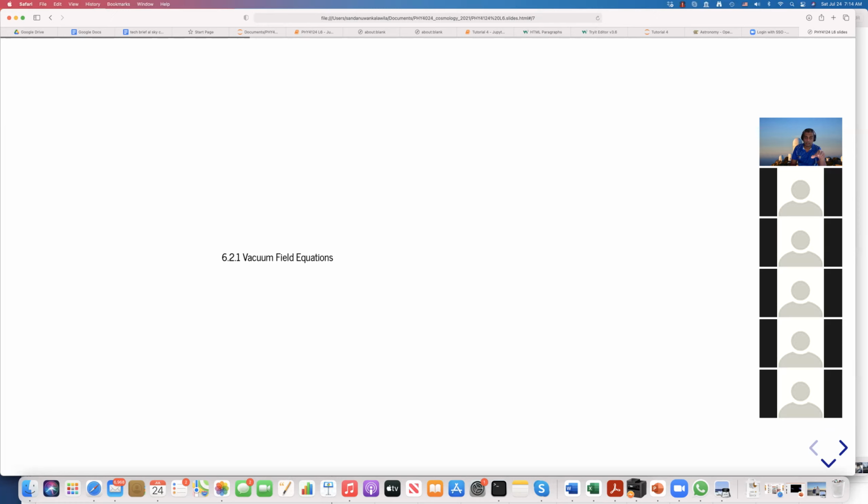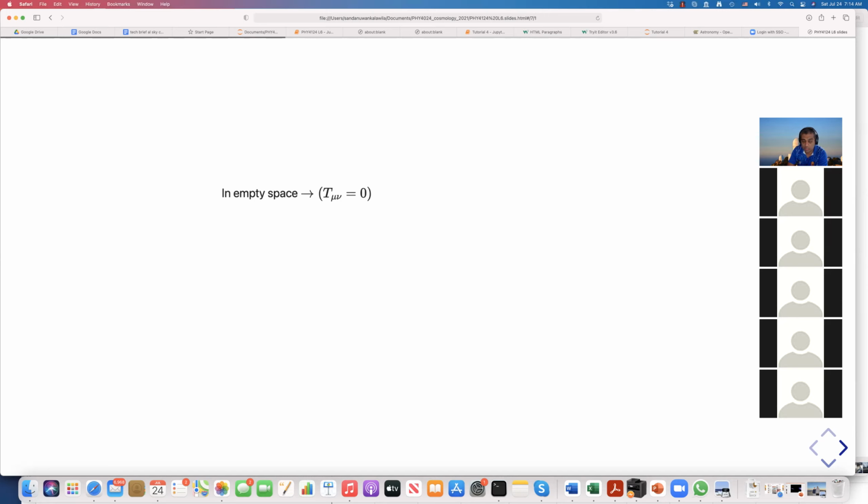To solve it, we need to look at Einstein's field equations in vacuum, called the vacuum field equations. What this means is that in an empty space, the energy momentum tensor should be 0, right?